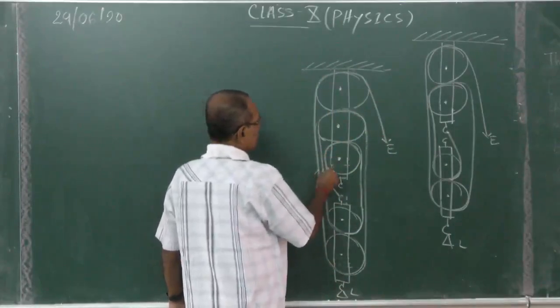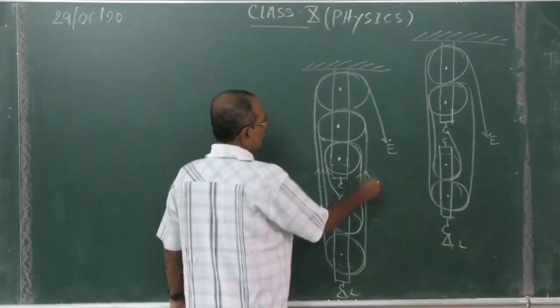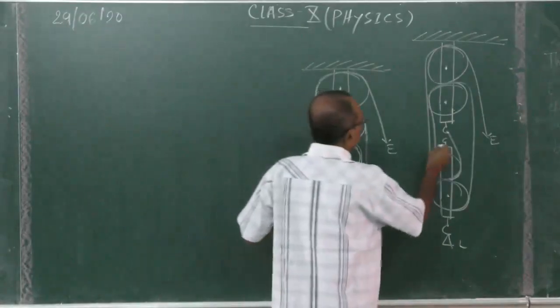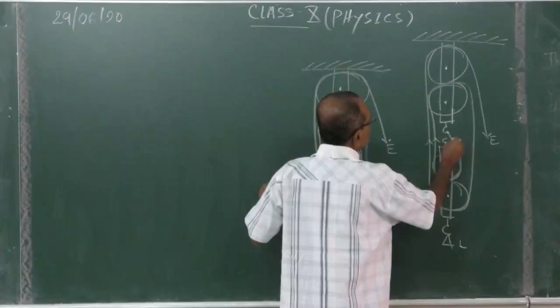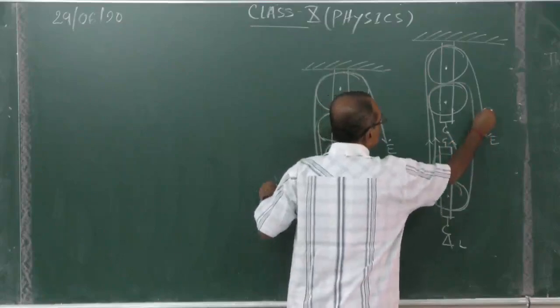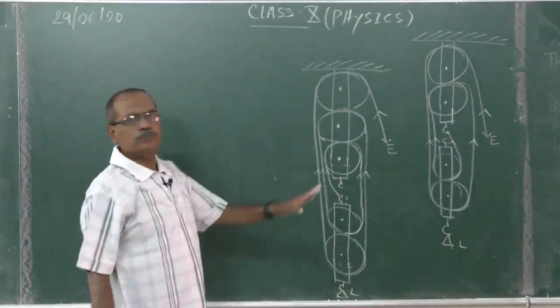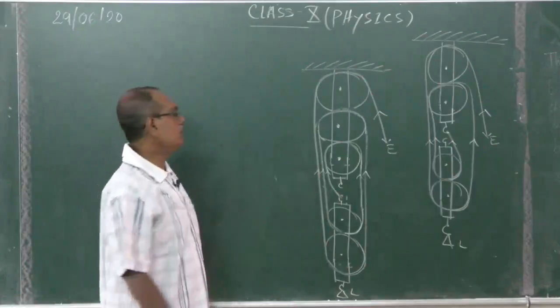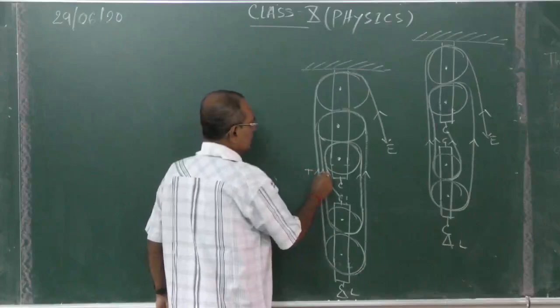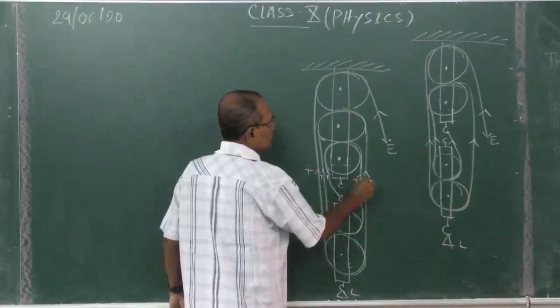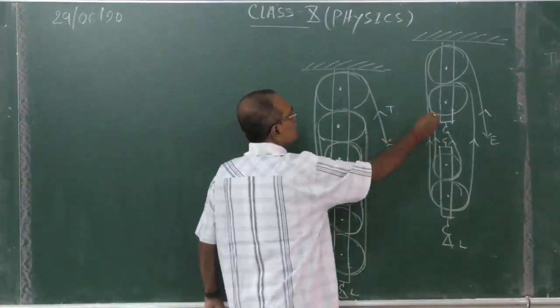1, 2, 3, 4, 5. Here what happened? 1, 2, 3, 4, and this is 5. If it is a single rope, in each segment the tension will be the same. In all segments, tension will be the same.